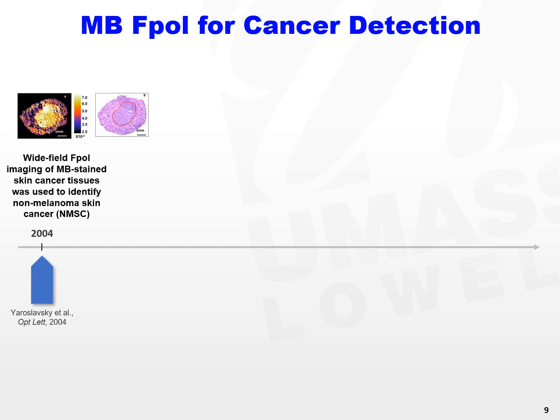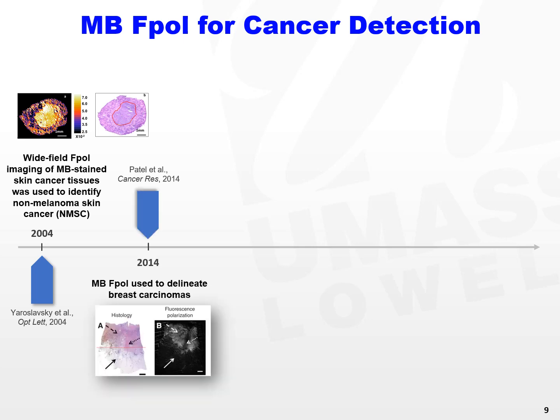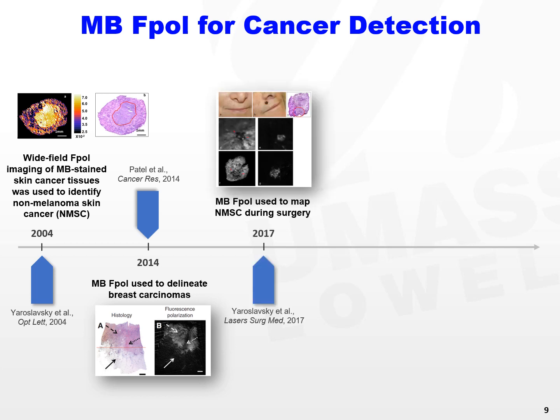Wide-field imaging of methylene blue-stained skin cancer sections was used to identify non-melanoma skin cancers ex vivo. Methylene blue fluorescence polarization was used to delineate breast carcinoma margins. It was used to map non-melanoma skin cancers in vivo during surgery.